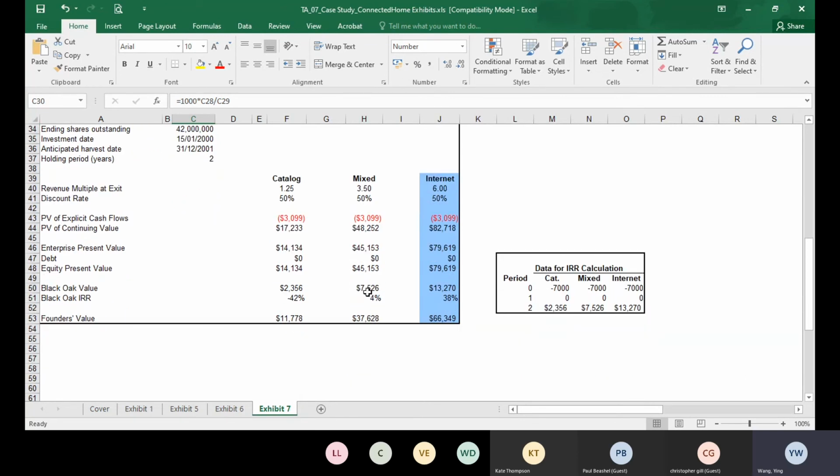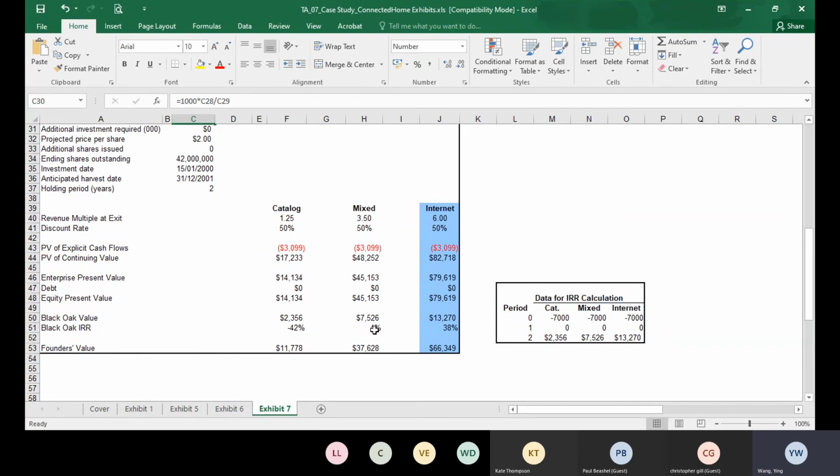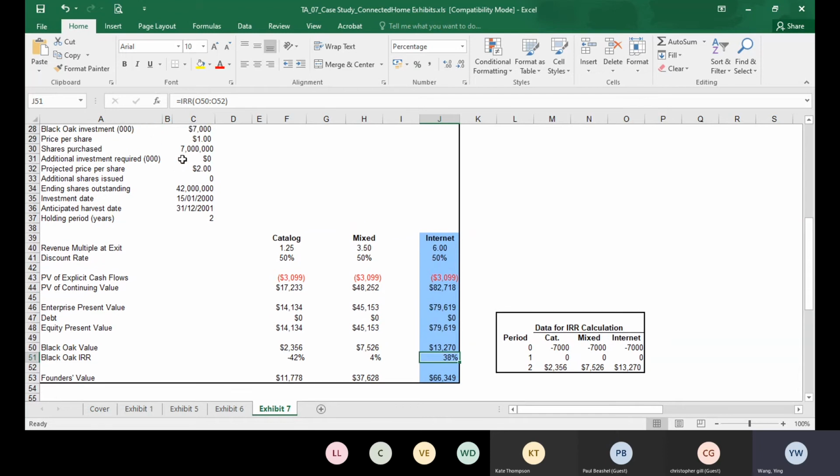What they find out is that if it is a mixed strategy, it is only 4%, no need to invest. Of course, it's negative, don't consider it at all. However, look at internet: they got a 38% return. And that's where their 7 million investment, by their harvest time, nearly doubled in value.